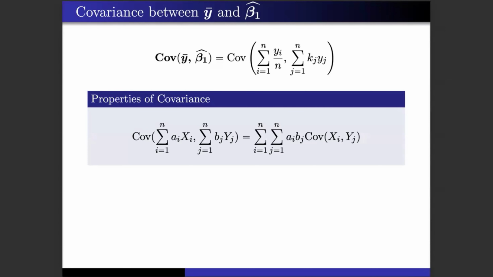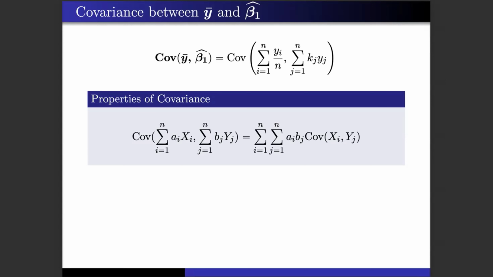For that, we use a property of covariance, which is the bilinearity property, that says the covariance between summation ai xi and summation bj yj is equal to, you pull out the summation from both the terms, you pull out ai and bj, and you get summation over i, summation over j, ai bj covariance xi, yj.